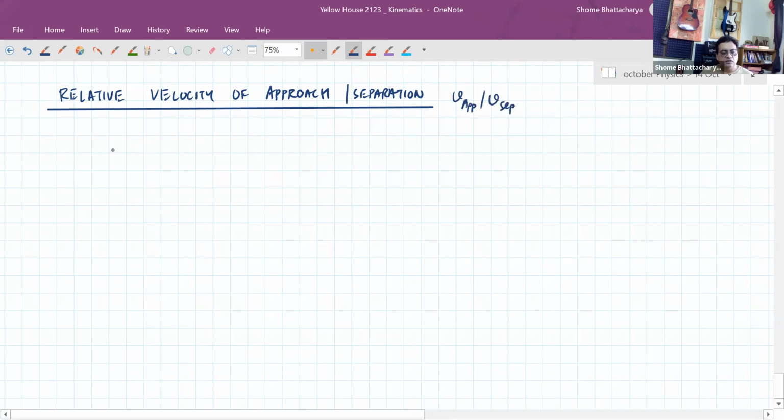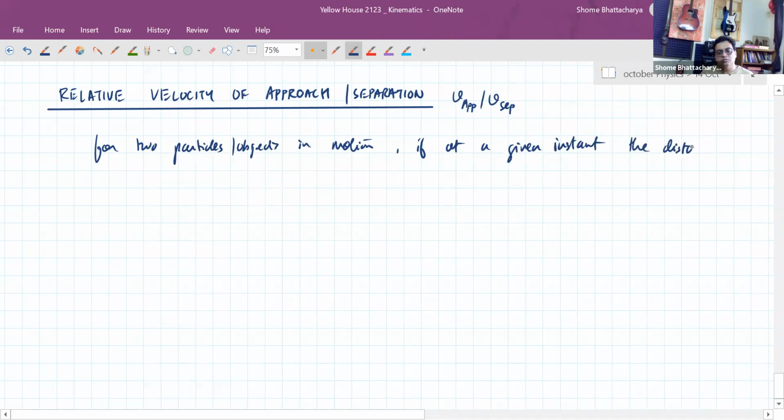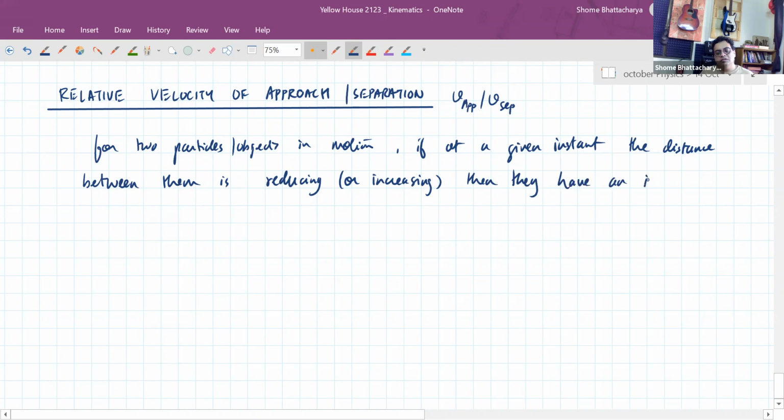So the idea is like this: for two particles or objects in motion, if at a given instant the distance between them is either reducing or increasing, then they have an instantaneous approach or separation velocity.